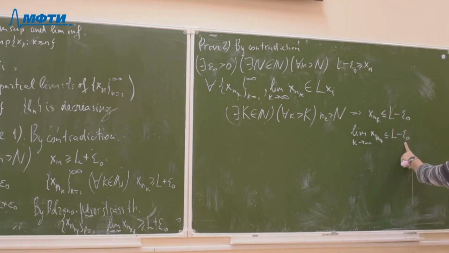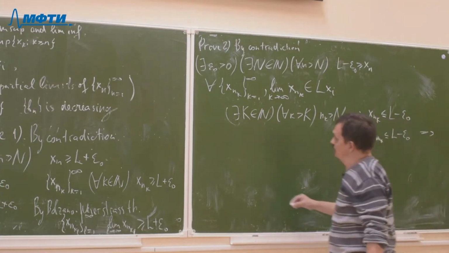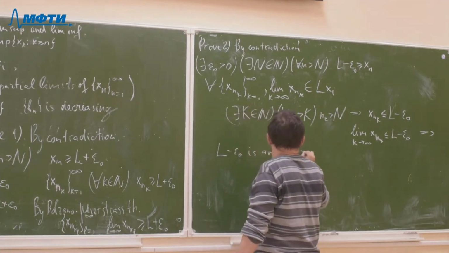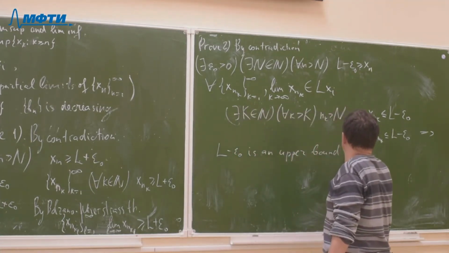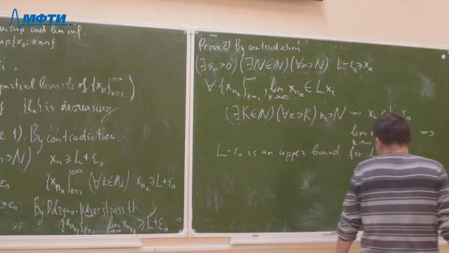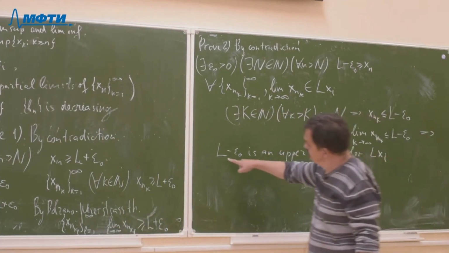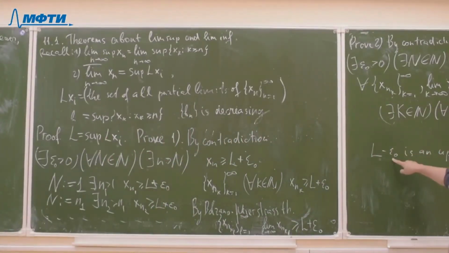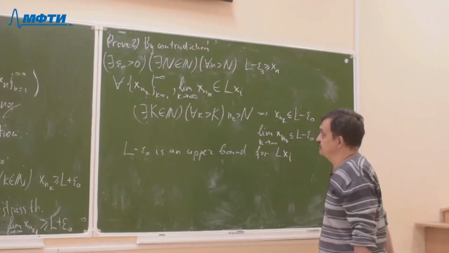So L minus epsilon naught is an upper bound for the set of all partial limits. And that is a contradiction, because we supposed capital L is the least upper bound, and we have a smaller upper bound. That is a contradiction.